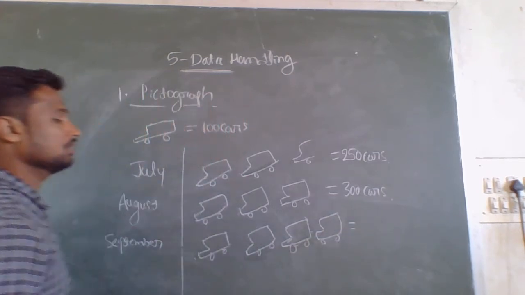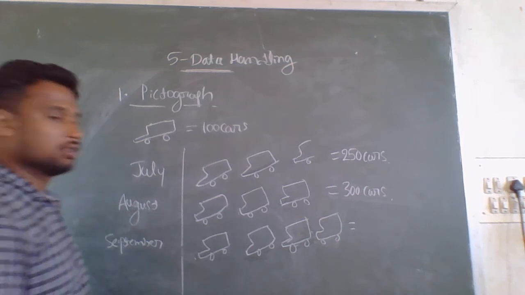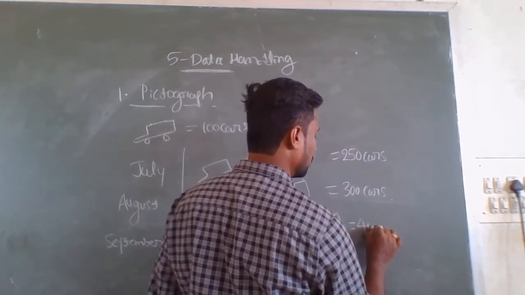Four symbols means 400 cars in September.